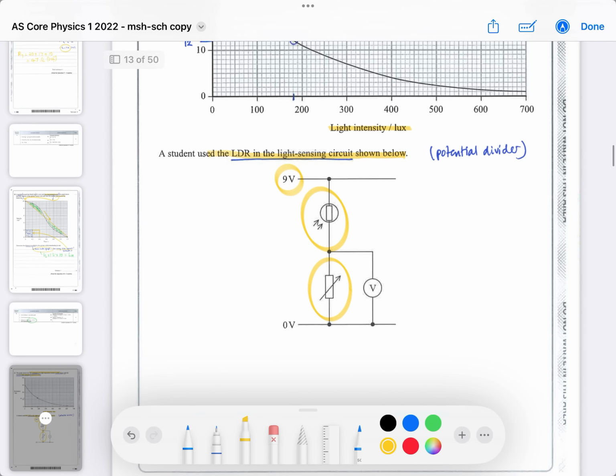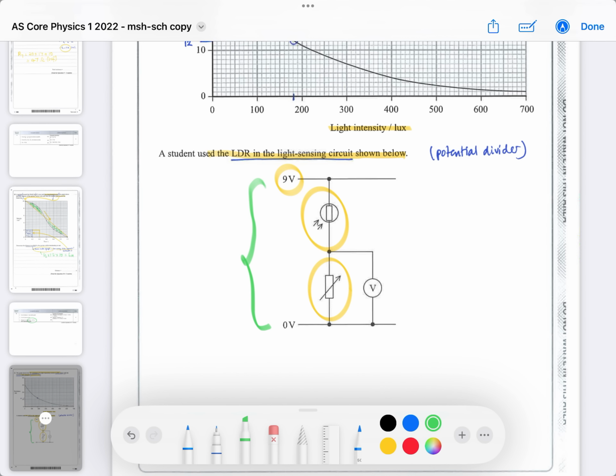You see how you can draw these circuits with 9 volts at the top and 0 volts at the bottom, and that's how I recommend you to think of potential in the circuit. So you've got 9 volts there.